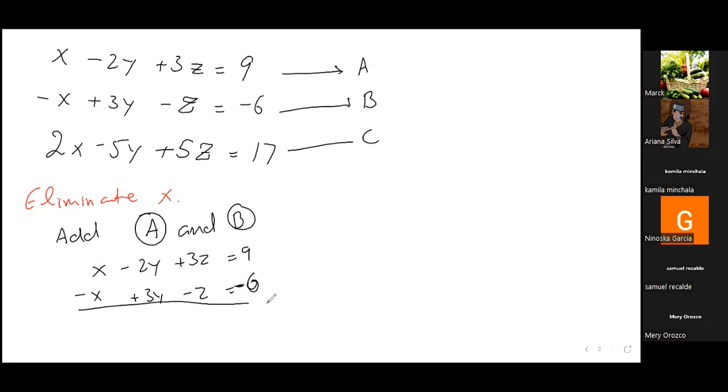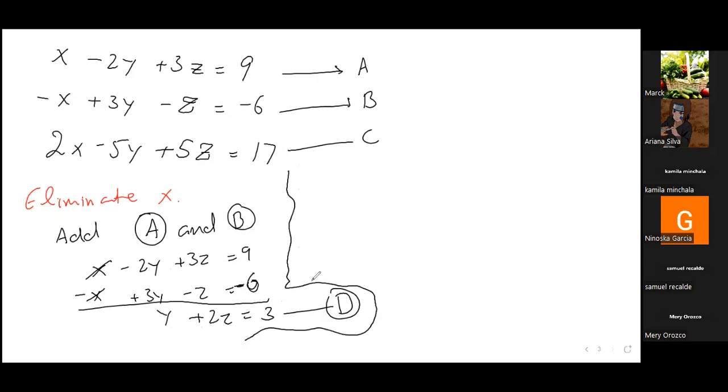The x and the x will cancel out. We will have y plus 2z equals 3. So we get another equation. Let's give it the name D. So now we have y plus 2z equals 3, which is D.